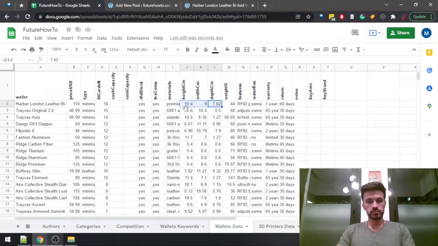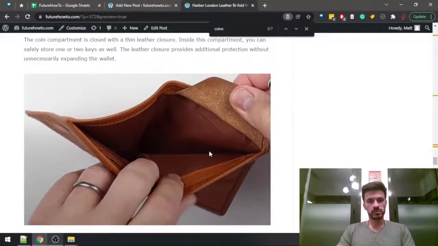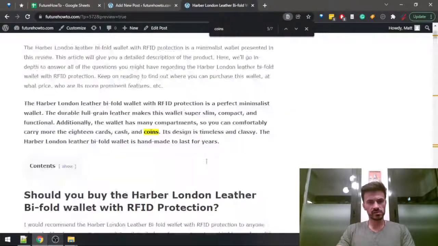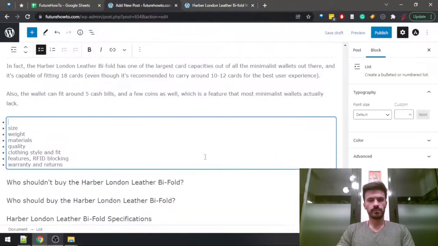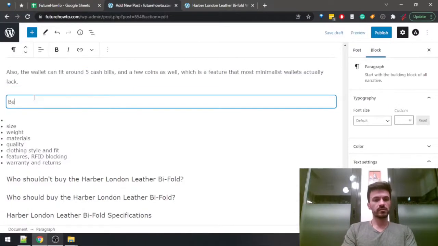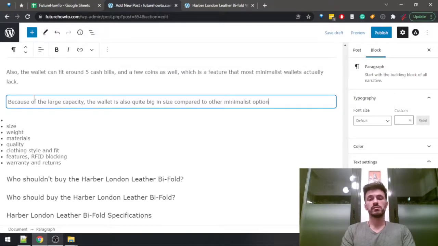Okay, seems like the dimensions are... is this true? It doesn't really seem like it. Okay. Because of the large capacity, the wallet is also quite big in size compared to other minimalist options.